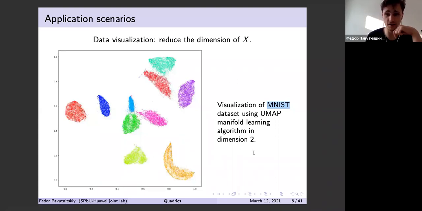It can be seen here using this manifold learning algorithm, UMAP, which is very popular for visualization now, that after we project our data to 2-dimensional Euclidean space, or find a 2-dimensional manifold that fits our data, we found some clusters of data. And each cluster actually represents a digit. It would be very hard to find this clustering in 700-dimensional space, at least to visualize it. But in 2 dimensions, it's very easy to grasp.